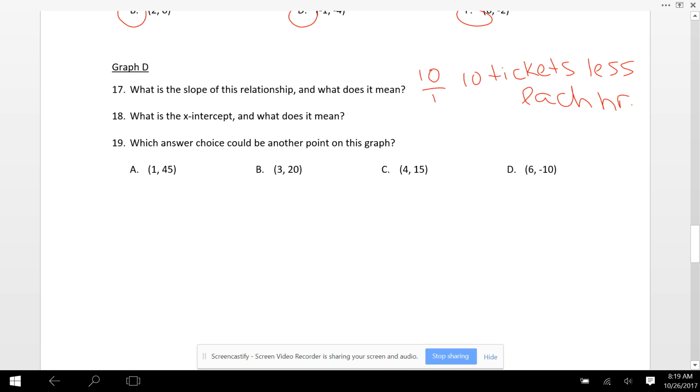Okay, and the x-intercept is 5, 0, after 5 hours, no tickets left. And then another point on the graph, we looked at all the points and we found B to be the other point on the graph.